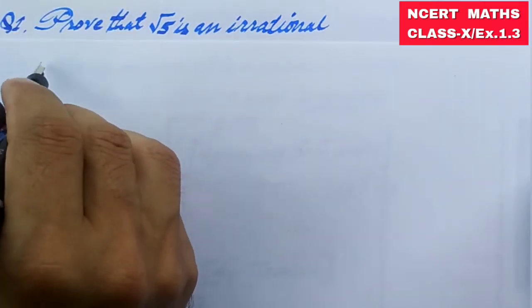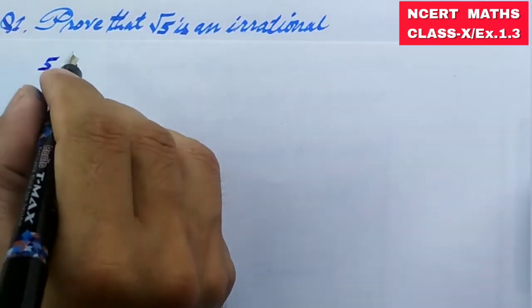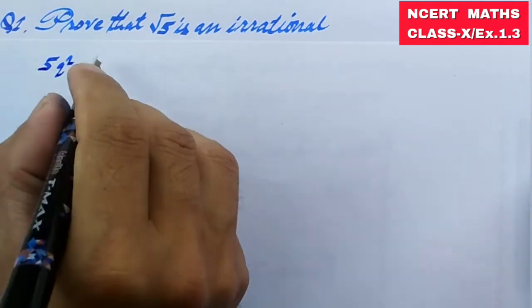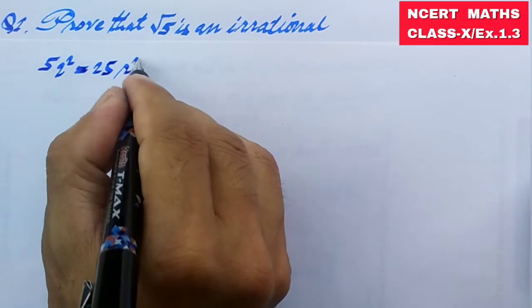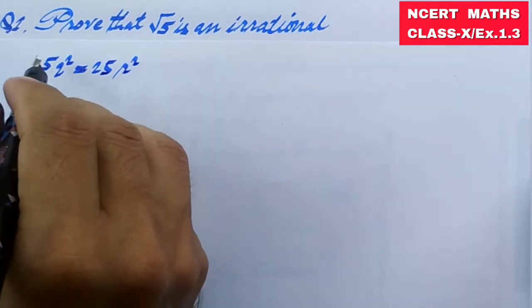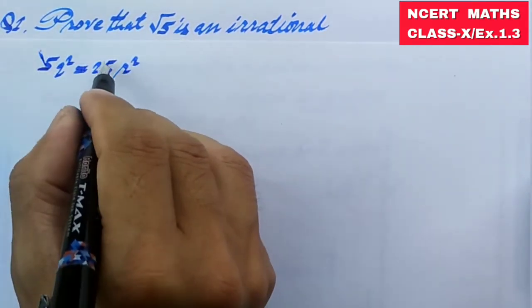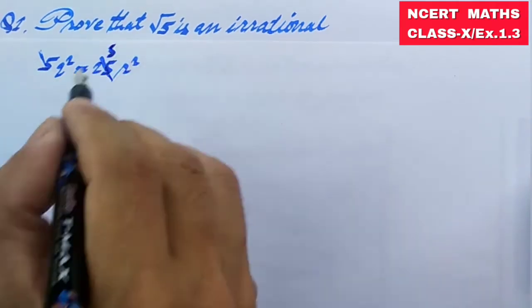Now see here, 5q square equal to 25r square. We will cut this 5 and 5, 25.